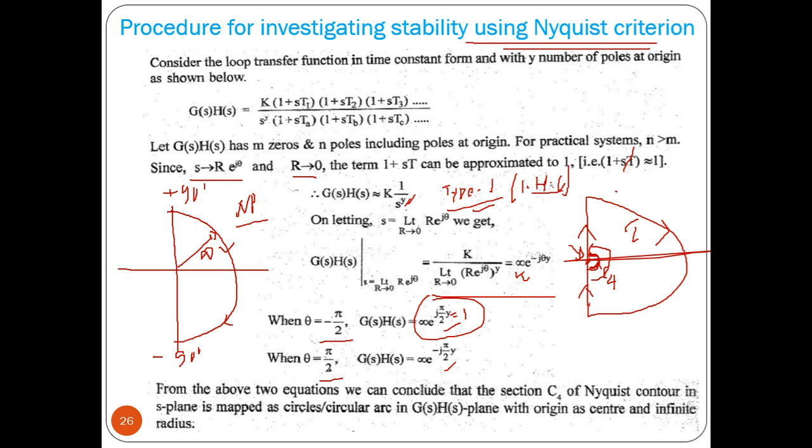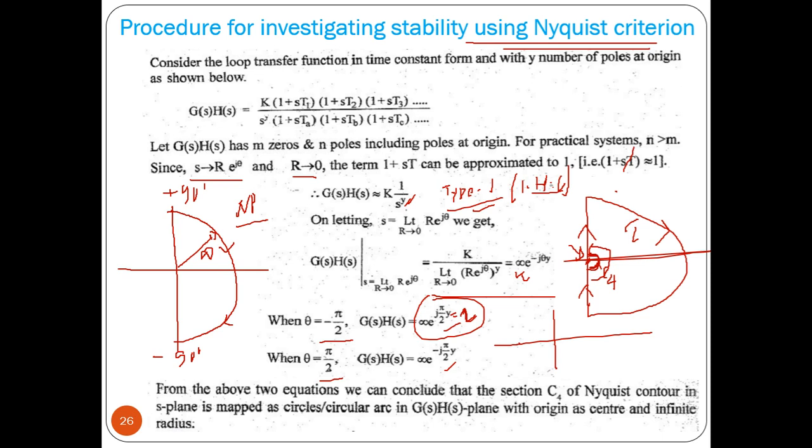If we put y equal to 2, then what do you get? 180 to minus 180.